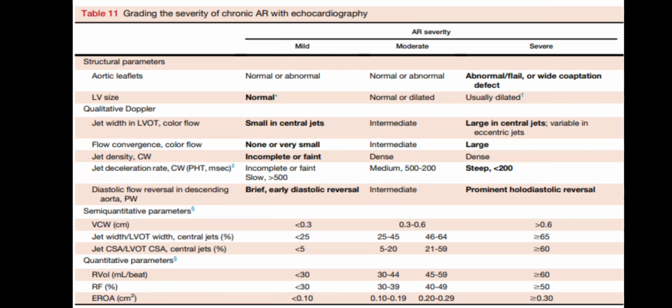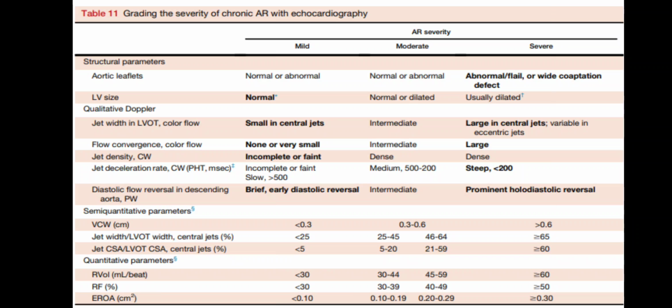Now grading the severity of chronic AR with echo. Aortic leaflets: in mild, normal or abnormal; in moderate, normal or abnormal; in severe, wide coaptation defect. LV size: normal in mild, normal or dilated in moderate, usually dilated in severe.